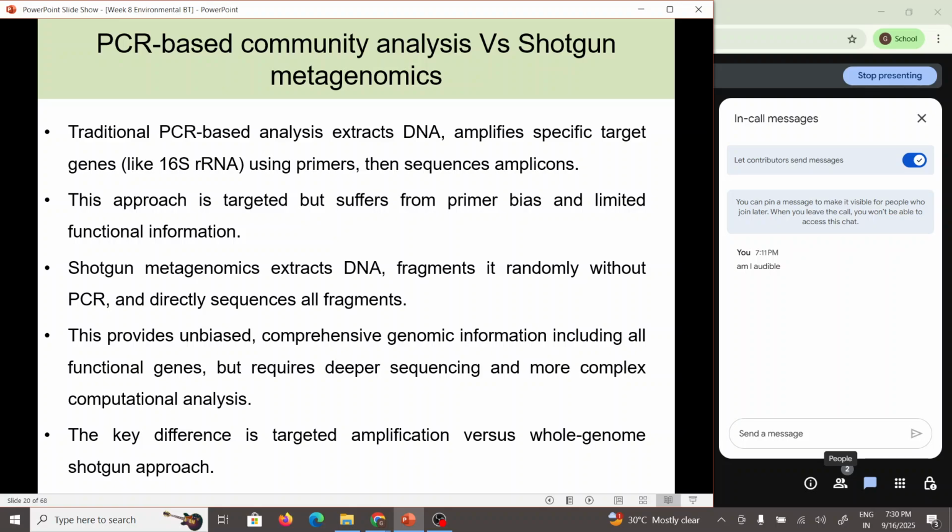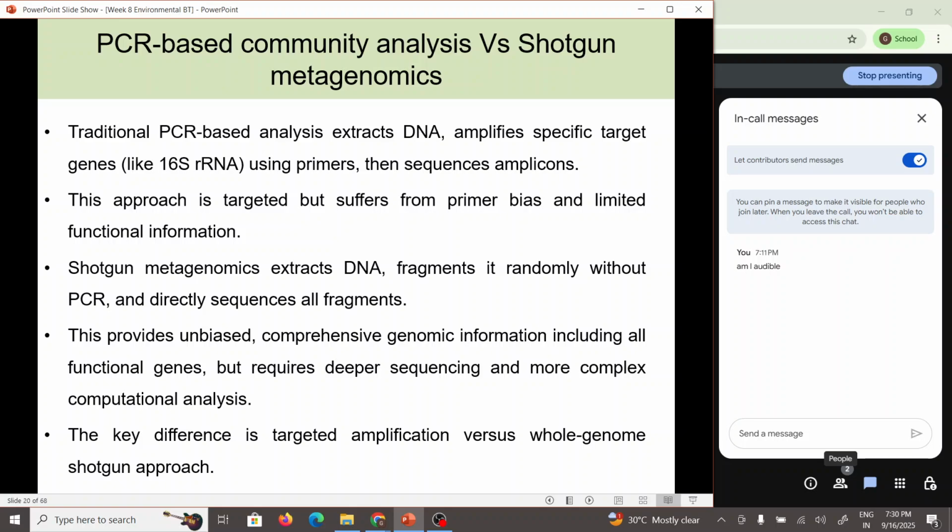Basically, the product that we get after the amplification process is called the amplicons. So we further go for sequencing the amplicons. This approach is targeted, which means we know the target to which we have to design the primer, so we will get very specific information.